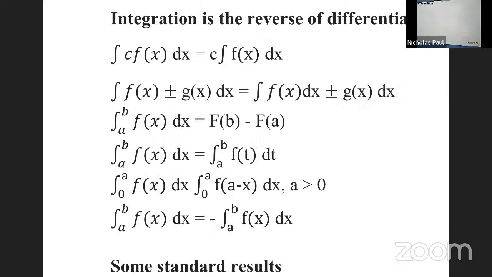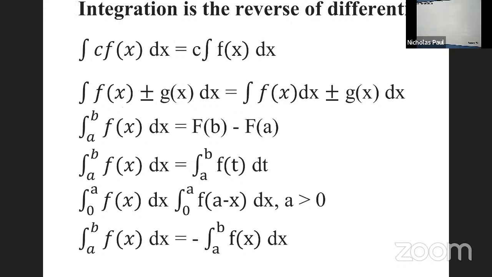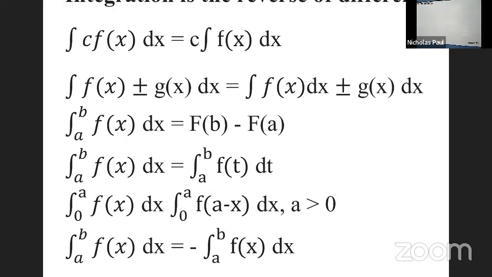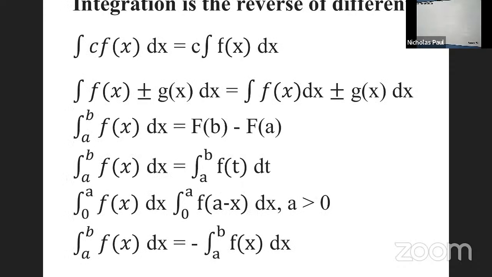So if I give you an integral, before we start to integrate, we need to remember these small rules here. Wait, this thing not working. So before we start to integrate, you need to remember this. If you have a constant in front of a function like this, you could pull the constant in front.